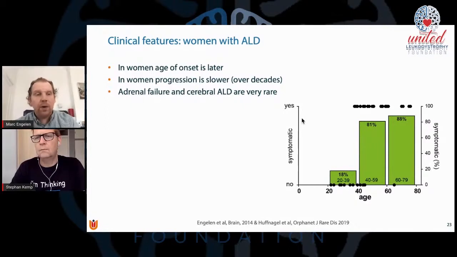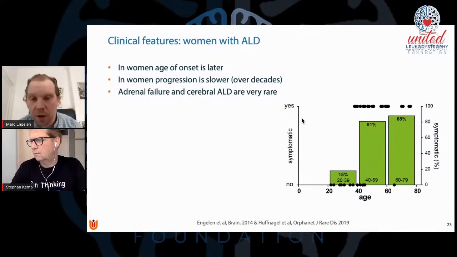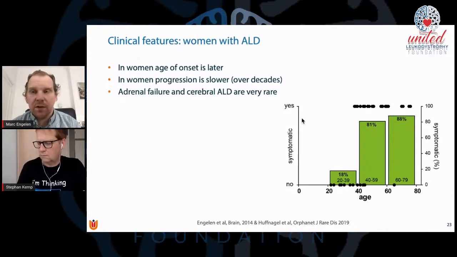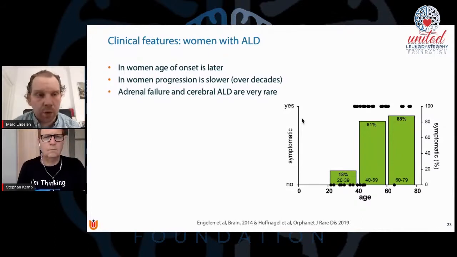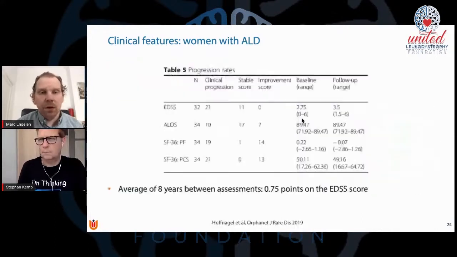Progression is slower in women, over decades and not over years, and it also occurs later in life. You can see that young women under 40 are hardly ever symptomatic, but over 40 and especially over 60, there's a high probability that there will be some degree of spinal cord disease. Can I have the next one, please?